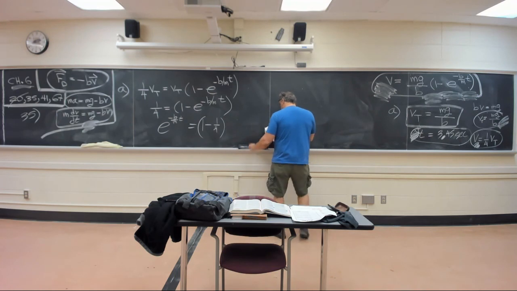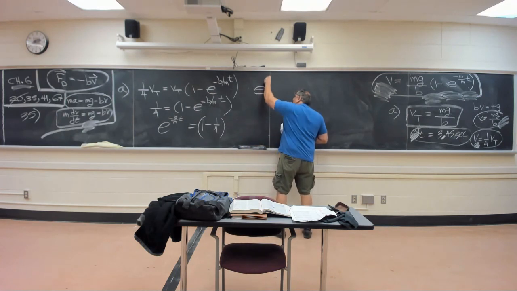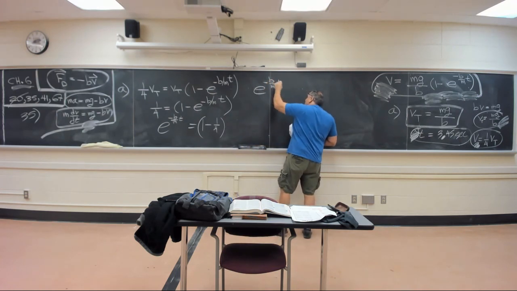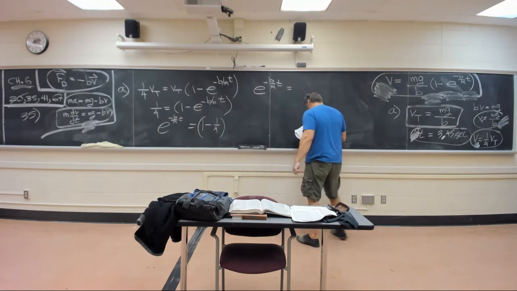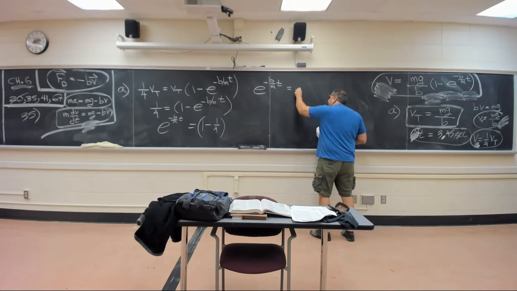So we have this: e to the negative b over m times t is equal to 3/4, or 0.75.